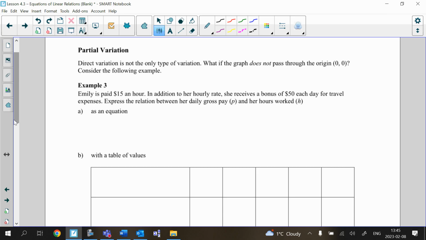So let's look at this example. She's paid 15 bucks an hour. She gets a bonus of $50 each day for travel expenses. So we had her original equation as this. She gets paid 15 bucks an hour.